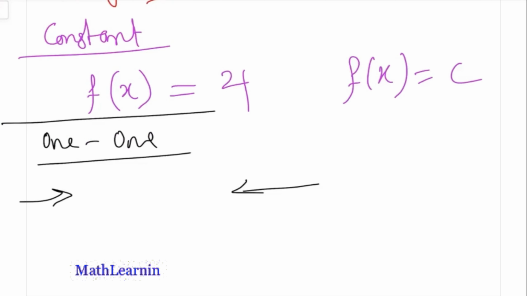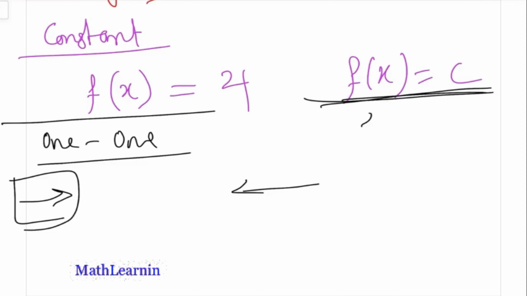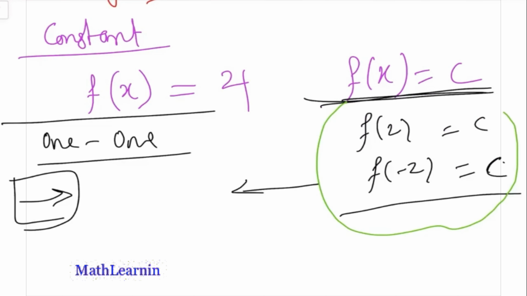But now is it a one-one function? Now I am putting f of 2, it will be c. I am putting f of minus 2, it will be c. Is it a one-one function? Now one input, one output. I have input 2 and output is also one constant number c. Here also I have input minus 2, one output. It is a one-one function.